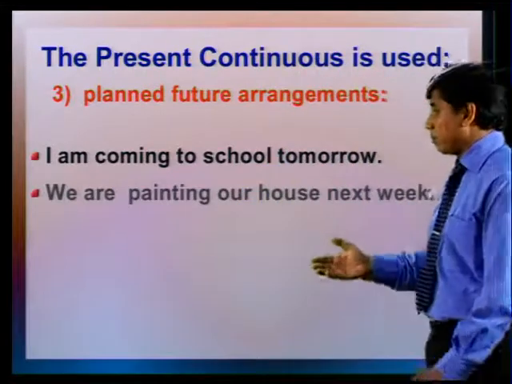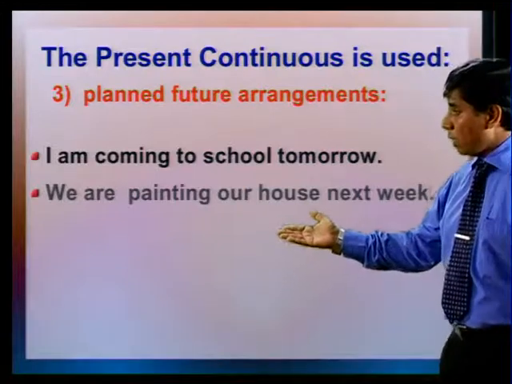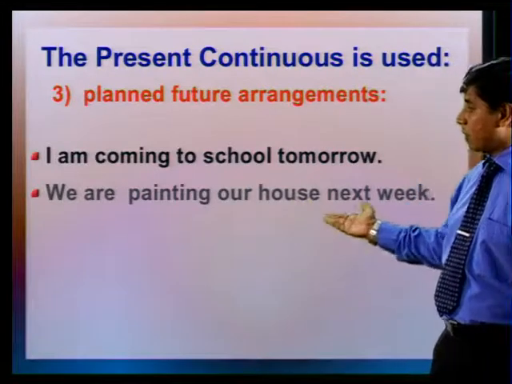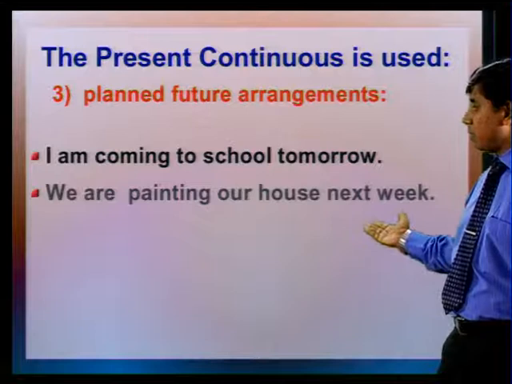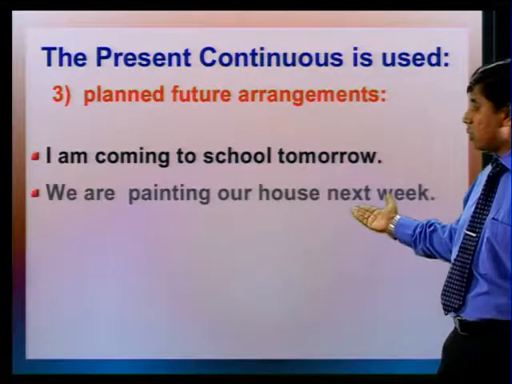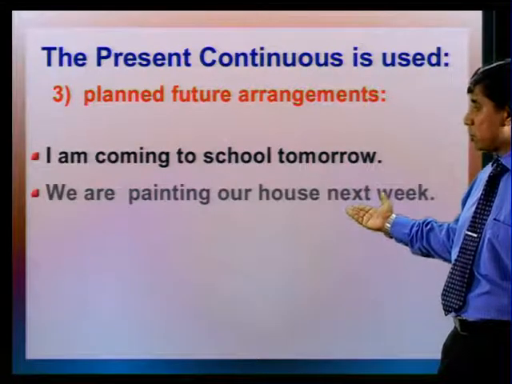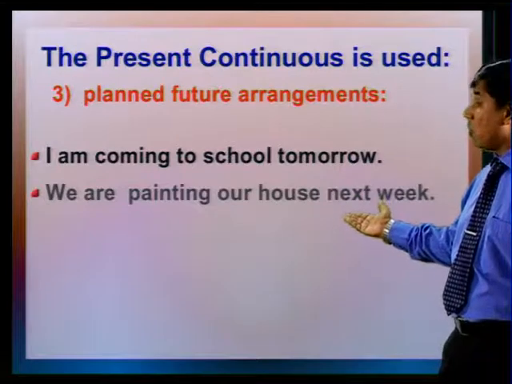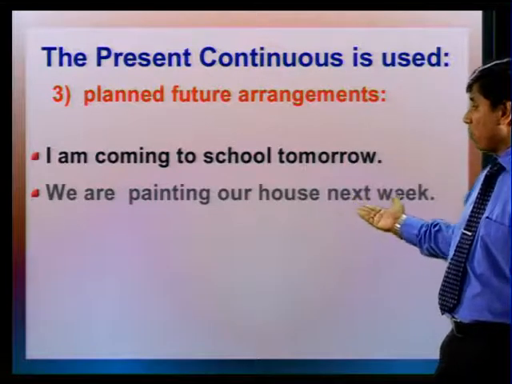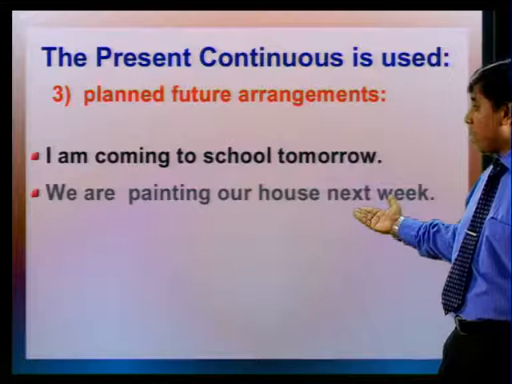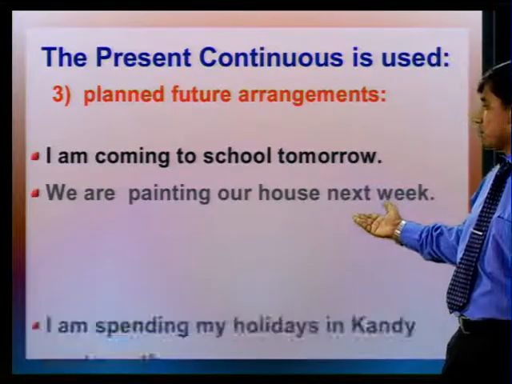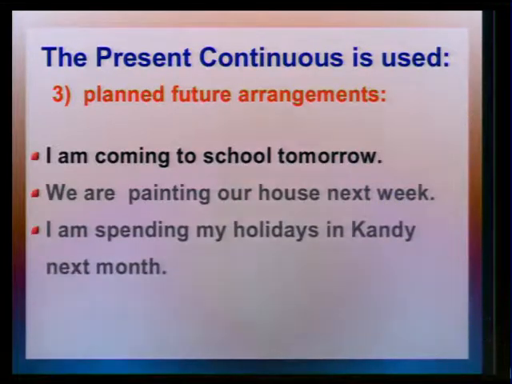The second example. We are painting our house next week. Next week, future time. So you can use present continuous to talk about planned future arrangements. Look at the other example. I am spending my holidays in Kandy next month.